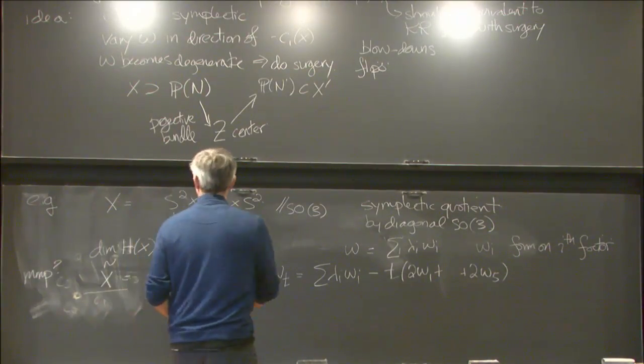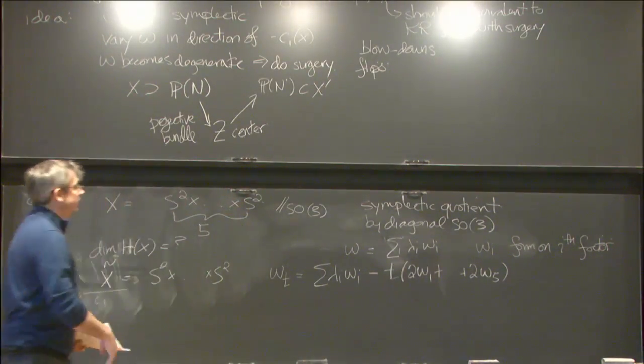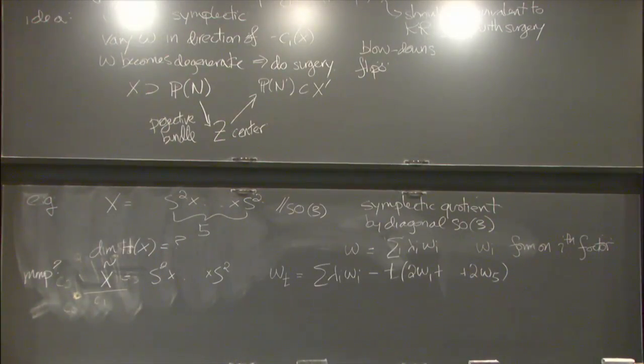Okay, so the MMP for this one is pretty boring, but it's a basic fact that if you have an equivariant running upstairs, then you take the quotient, you get a running downstairs.